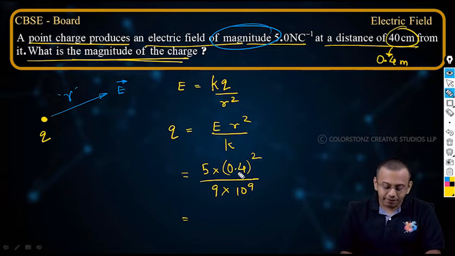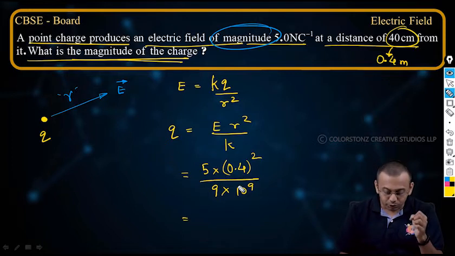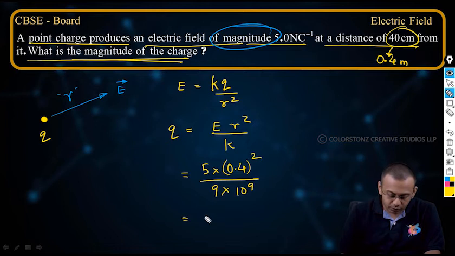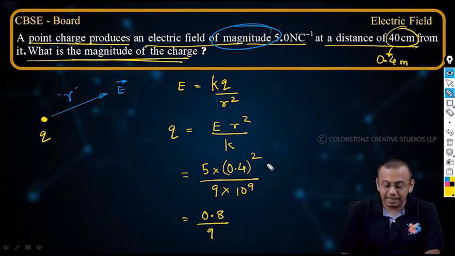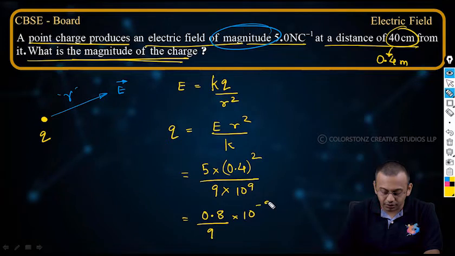So let's simplify. 5 into 0.4 will become 2. 2 into 0.4 will become 0.8 by 9. This 10 to the power 9 I can send to the numerator so that it becomes 10 to the power minus 9.